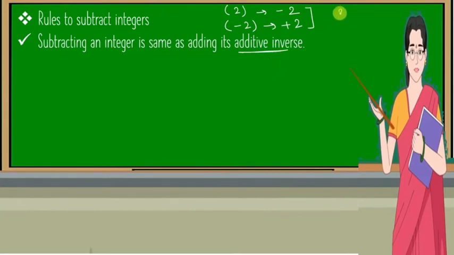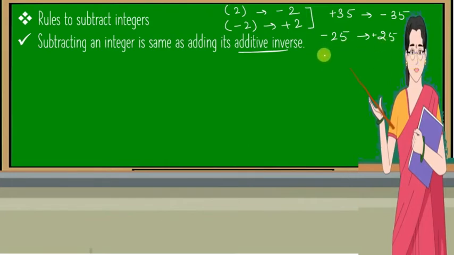So if you have 35, its additive inverse will be minus 35. And if you have minus 25, its additive inverse will be plus 25. Or we can say that two numbers whose sum is 0 are additive inverses of each other.